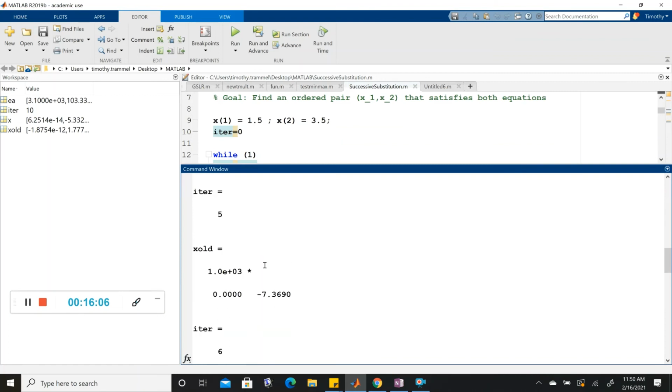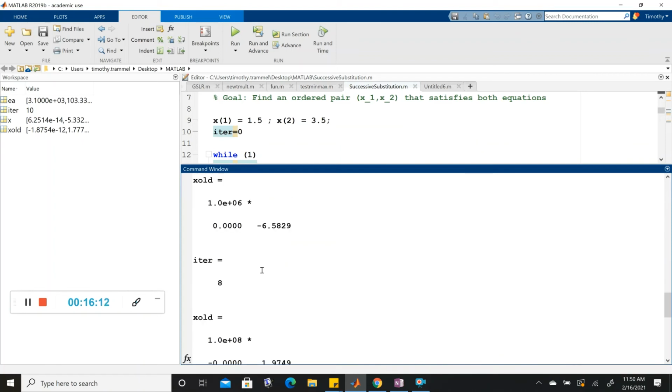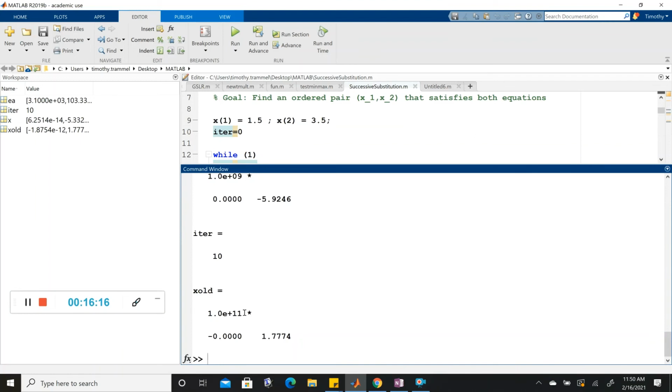And now it's starting to write things in scientific notation because we're getting so far from the answer. By the time we get to the last iteration, the 10th iteration, we have 1.7774 times 10 to the 11th. So this is diverging. This is not converging on the solution.